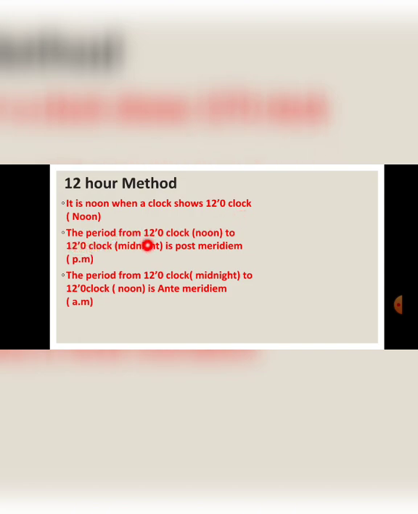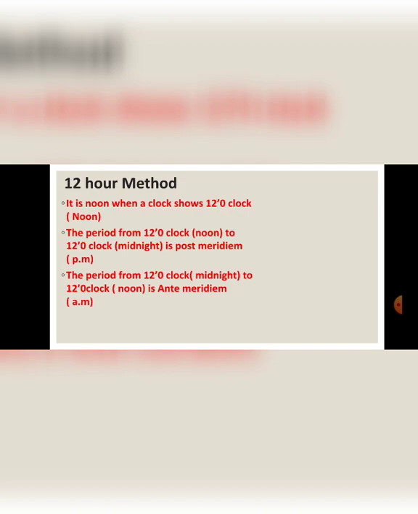Now, the period from 12 o'clock noon to 12 o'clock midnight is post meridian, meaning PM. When you come to school, like you say good afternoon ma'am, good afternoon sir, that is PM time till the midnight 12.